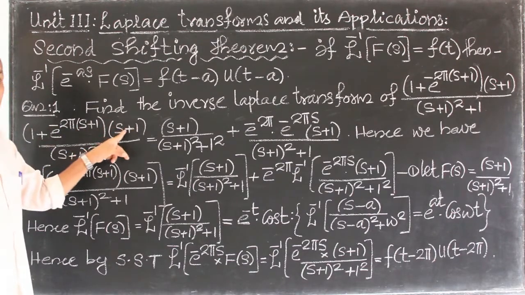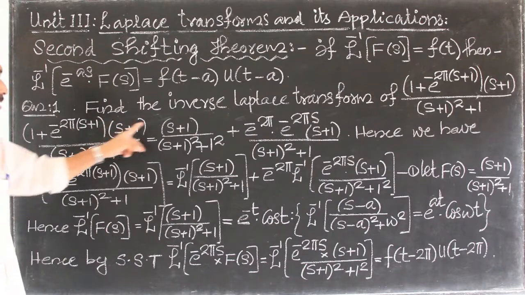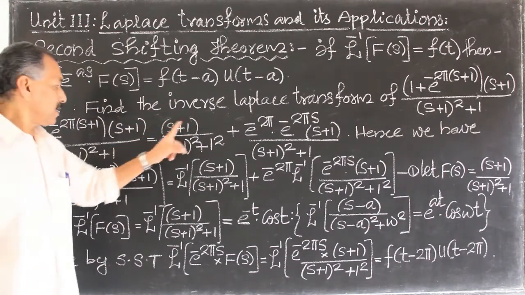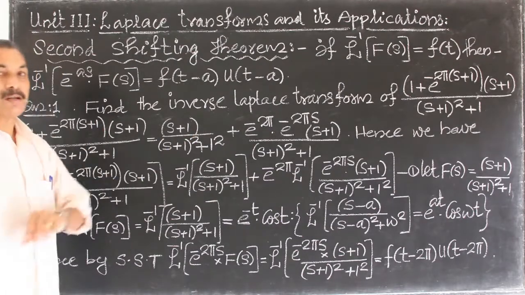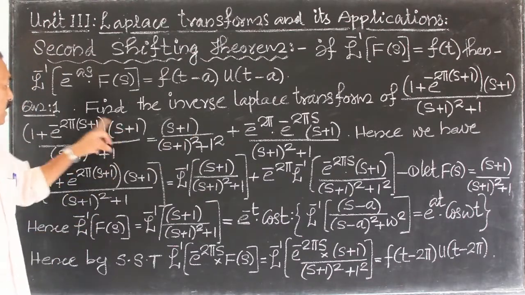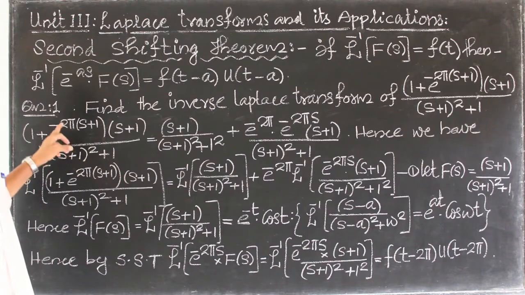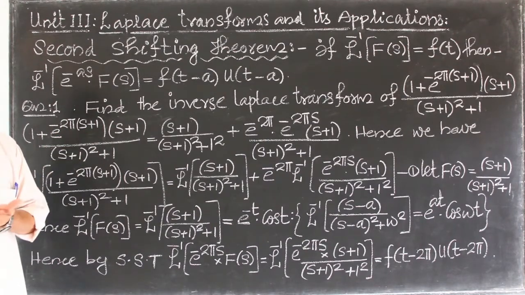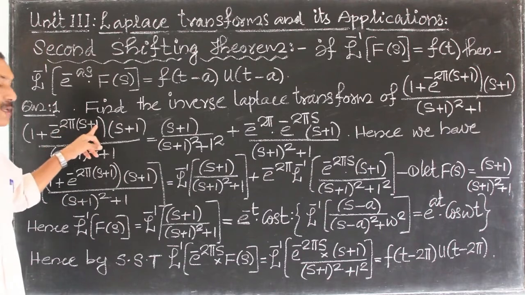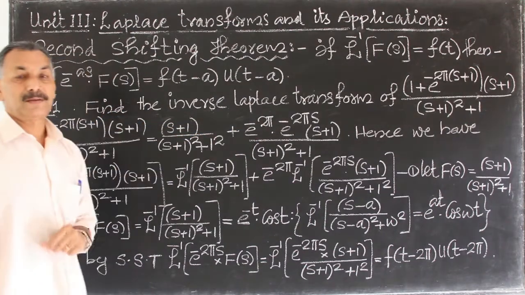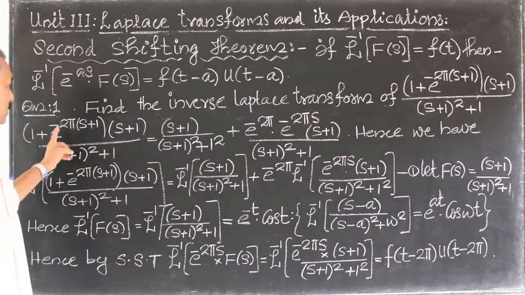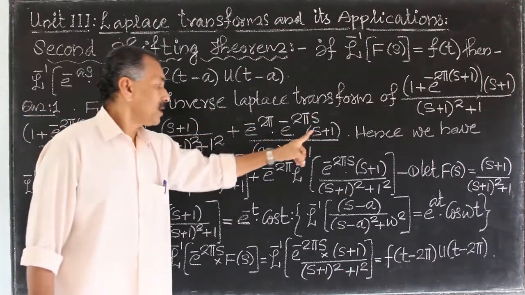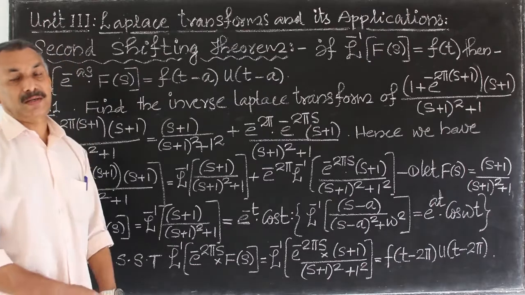Then multiply (s plus 1) into 1, meaning (s plus 1) divided by ((s plus 1) square plus 1), plus, with this, we multiply the second term, e raised to minus 2 pi into (s plus 1). e raised to minus 2 pi into (s plus 1) means e raised to minus 2 pi into 1, that is e raised to minus 2 pi into e raised to minus 2 pi s, into this (s plus 1) divided by ((s plus 1) square plus 1).